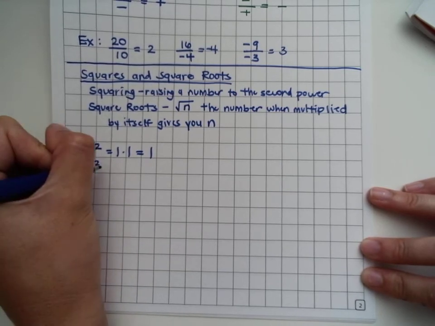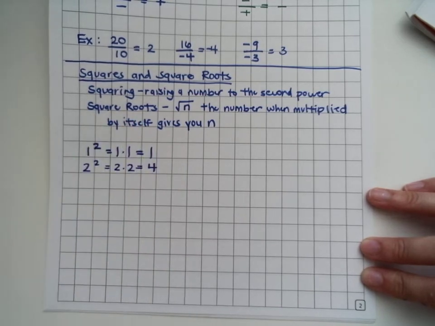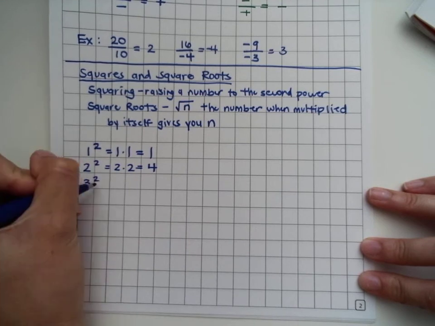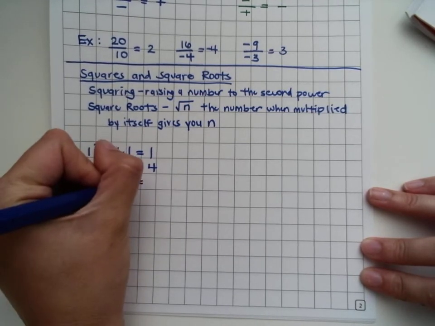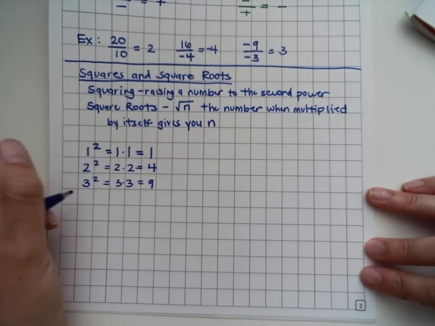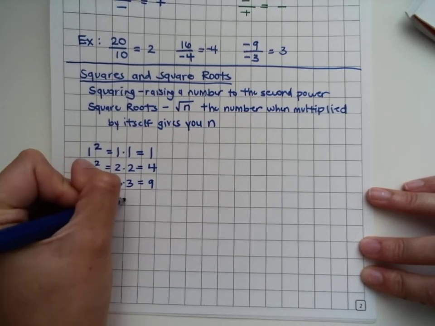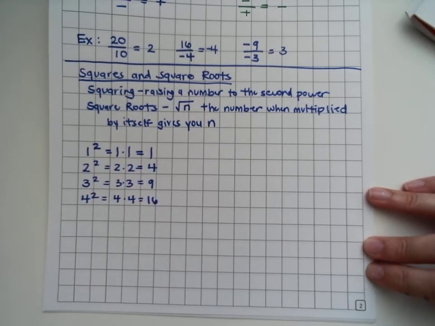If we squared 2, that is 2 times 2, which gives us 4. 3 squared is another perfect square, because if we multiply 3 times 3, we get 9. 4 squared, we get 4 times 4, which is 16. There's no decimals, that's why these are perfect squares.